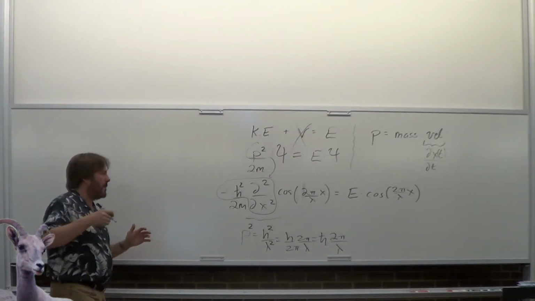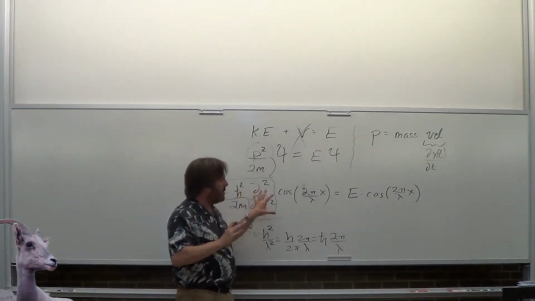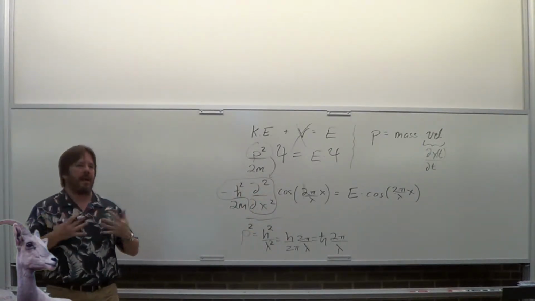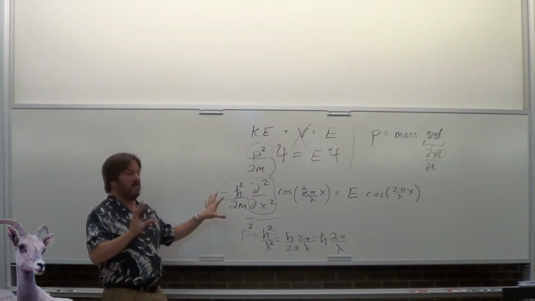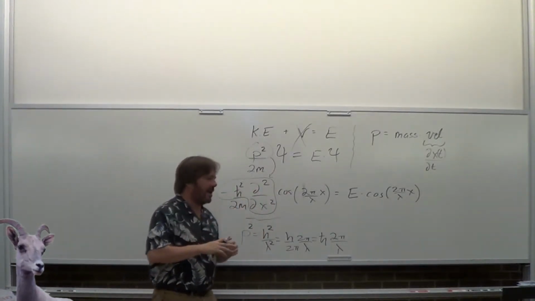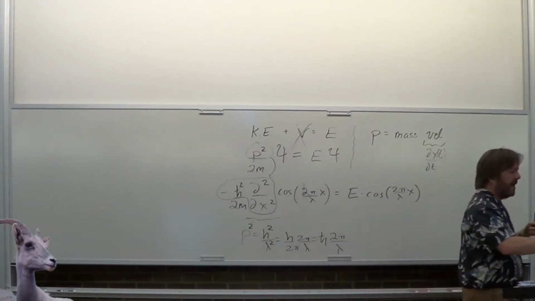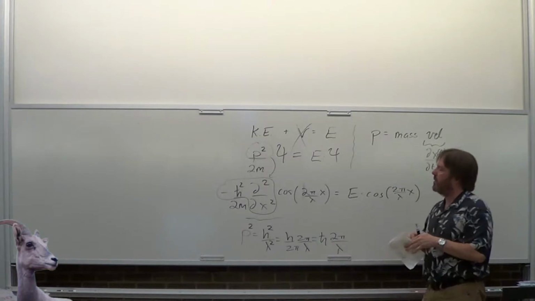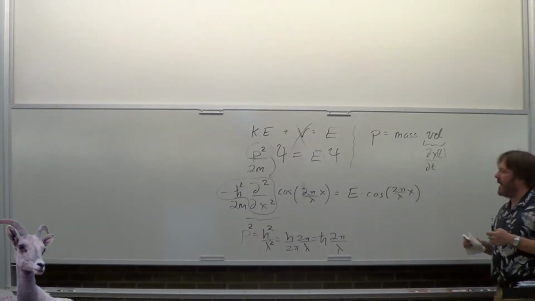I want to try to do my best to explain this without just saying, here it is. It is kind of traditional, to be blunt, to write this and say, here's the Schrodinger equation. But there is some logic to it. It really is all about making sure the de Broglie relationship is satisfied.